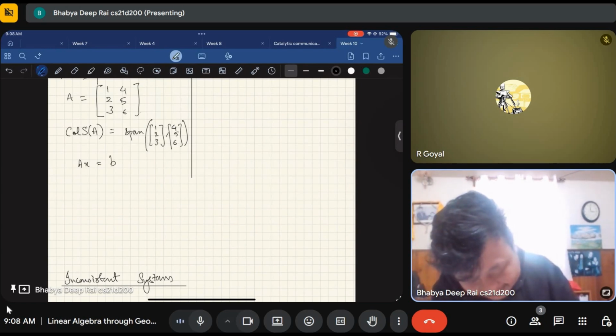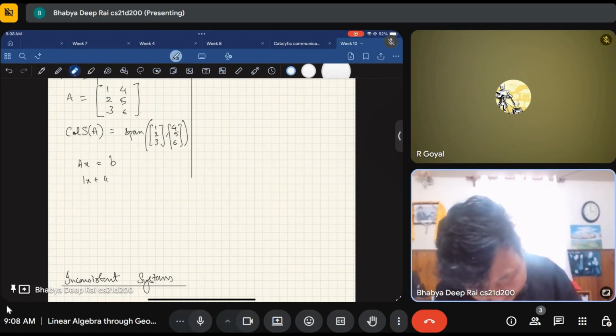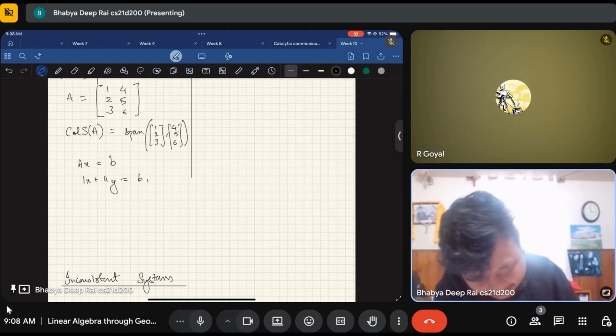If this is my A, and x is, let's say, x and y, then it means 1x plus 4y equals b1, 2x plus 5y equals b2, and 3x plus 6y equals b3, right?